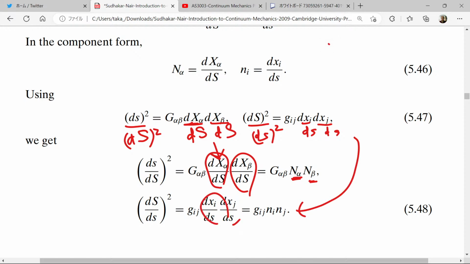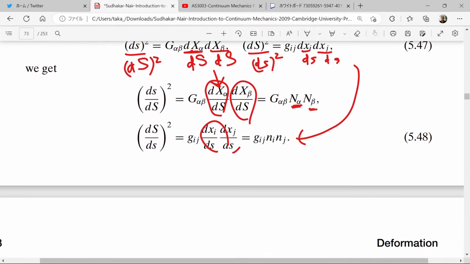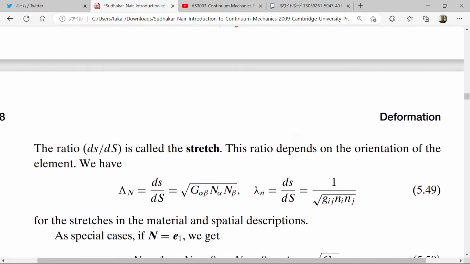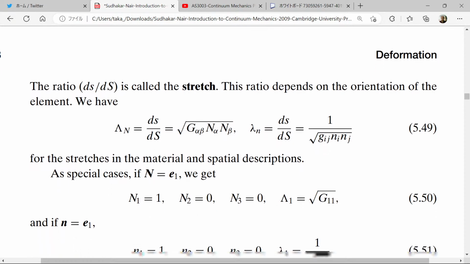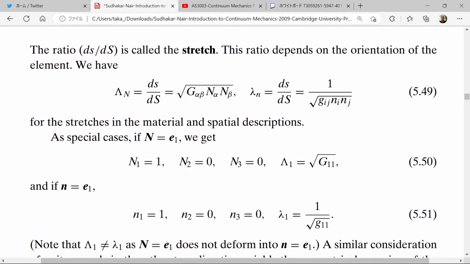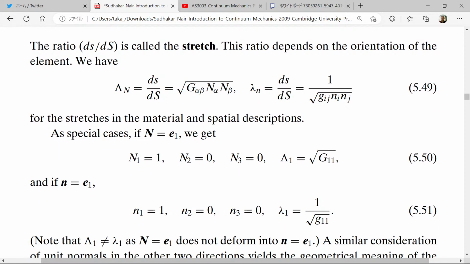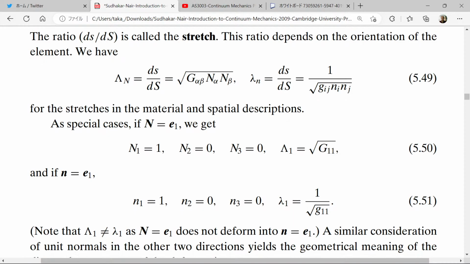Okay, so the ratio ds divided by dS is called the stretch. The ratio depends on the orientation of the element.